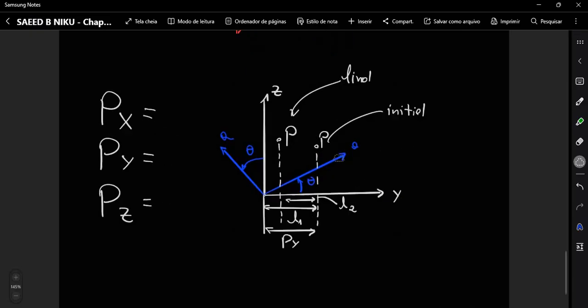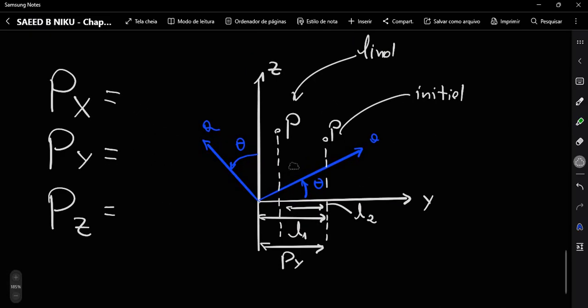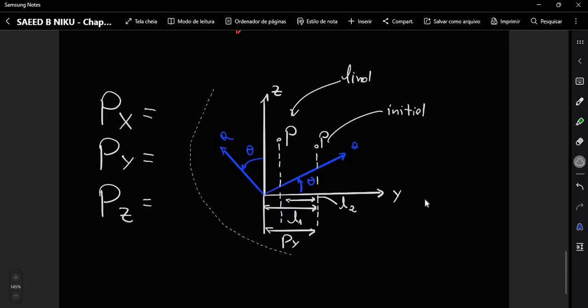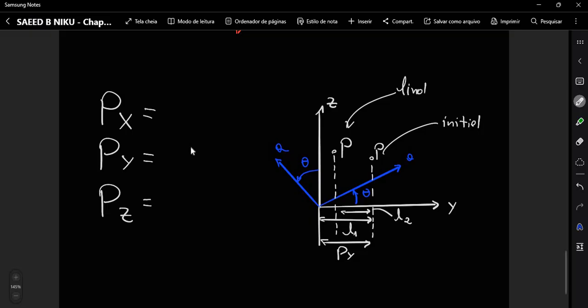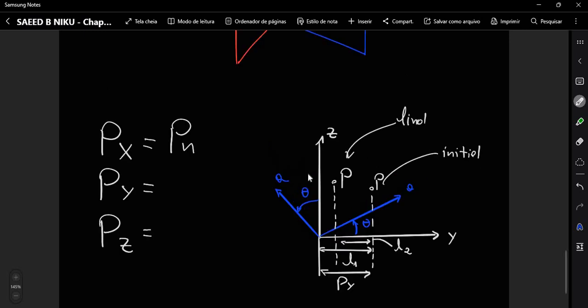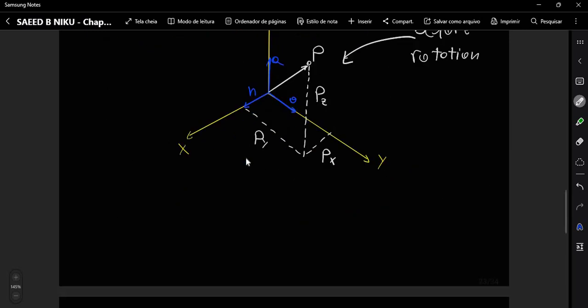So, as I said, this transformation of pure rotation is occurring on the axis X. So the axis X will not have any change. It will be Pn, which is the vector N of the reference system F, N, O, A. Let me show you right here.